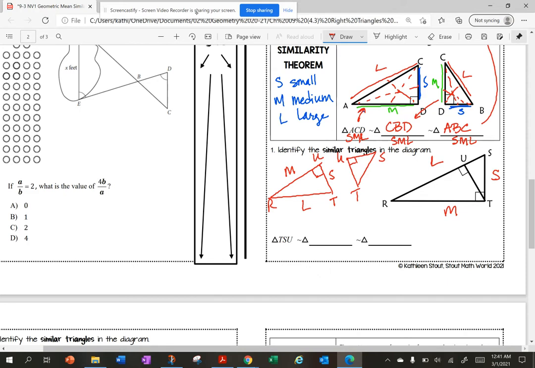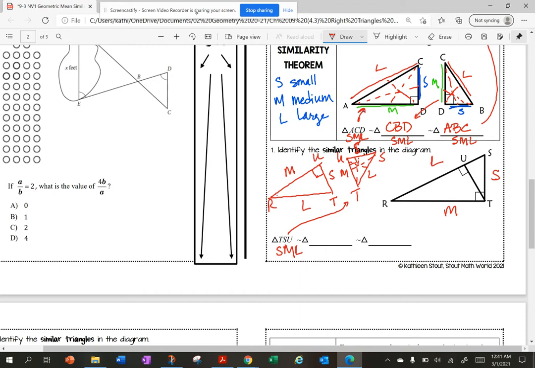And I know these two are opposite. So I know this is going to be the medium side, small side, and the large side. So angle TSU. So T is across from the small, S is across from the medium, U is across from the large. So I'm in small, medium, and large order.